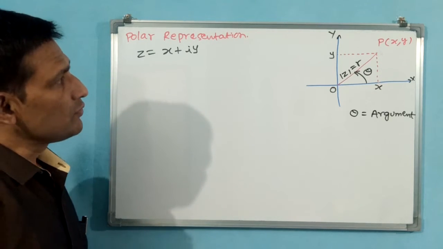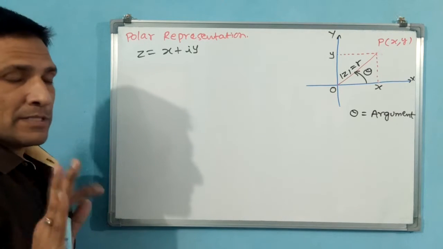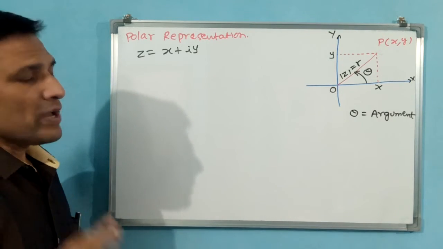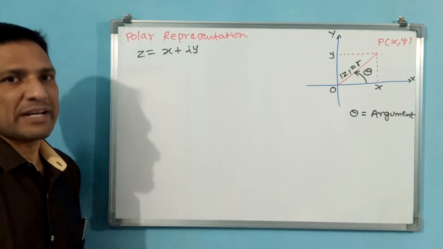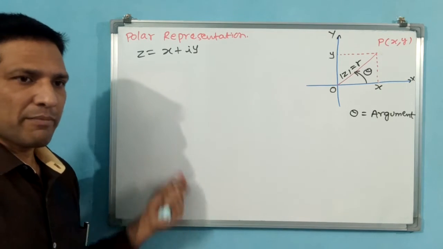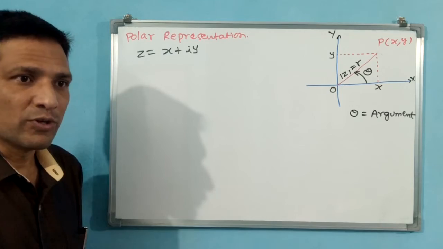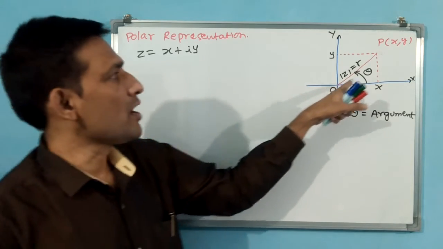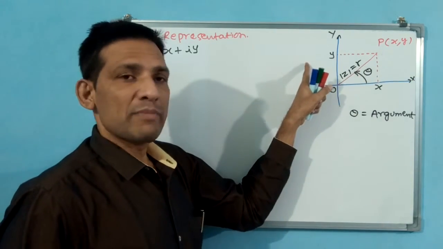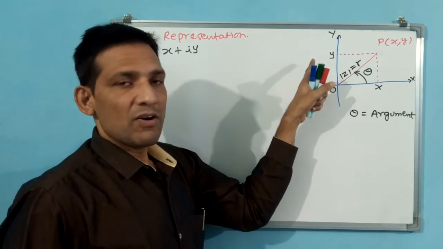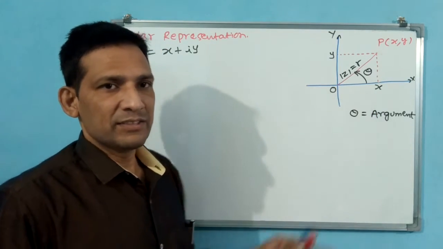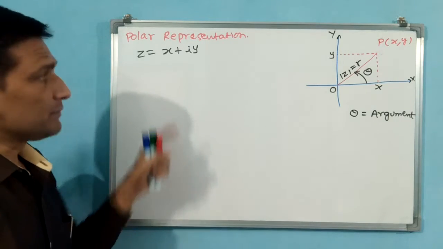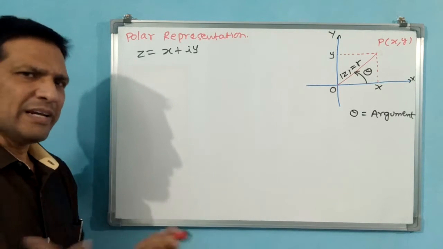Now you see, theta can rotate anywhere, but this is not trigonometry. For the number of angles you need not give, you have limited. See, both plus, both minus, x minus y plus, x plus y minus, these xy values are limited.